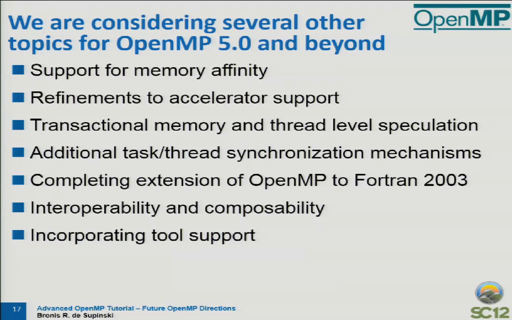When we come up with the first version, there will be additional features that we need to talk about. There is some group looking into transactional memory support and thread level speculation. So for example, IBM has transactional memory, Intel has restricted transactional memory. So this might be something that might be visible in the programming language since now the hardware supports it.